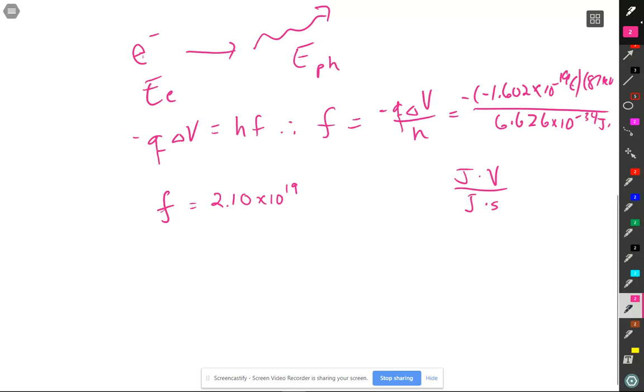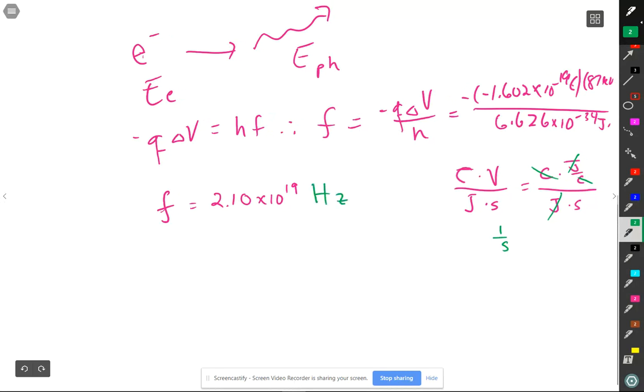But a joule, no, coulomb, man, mistakes. Coulomb times volt over joule times second. The reason I wrote that is a volt is a joule per coulomb, and so that came out to joules on top. So now we can cancel our coulombs there, cancel our joules there, and we're left with 1 over seconds, more commonly known as hertz.